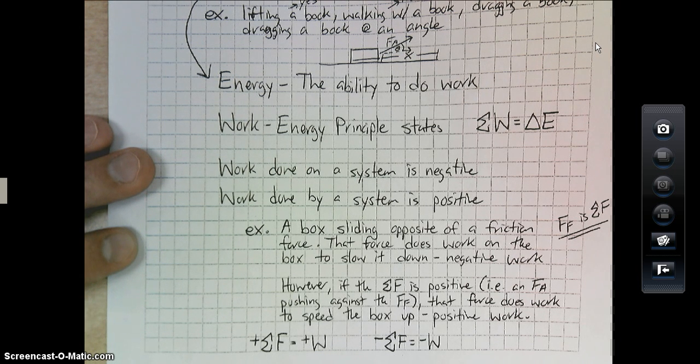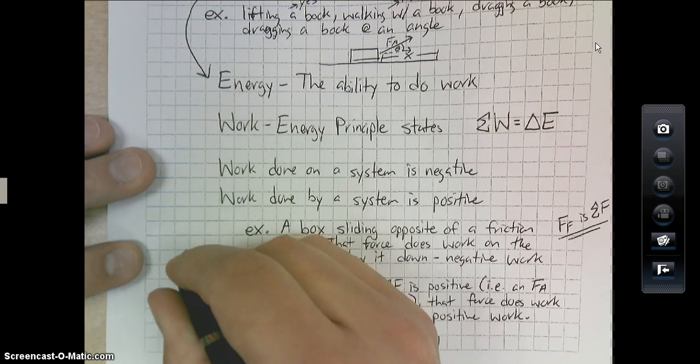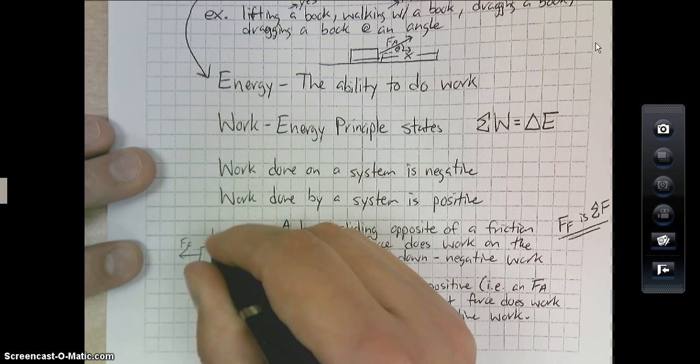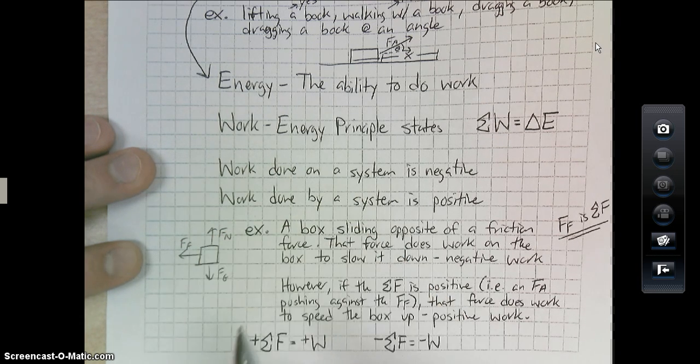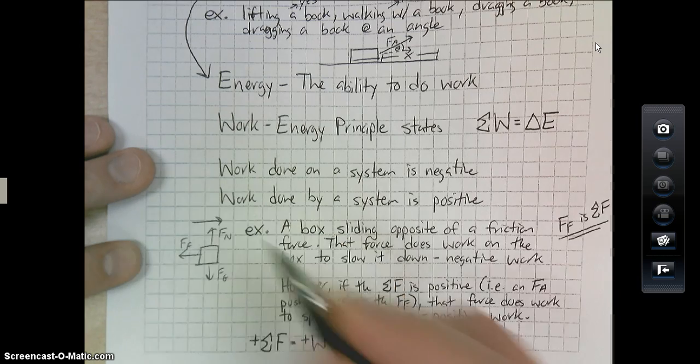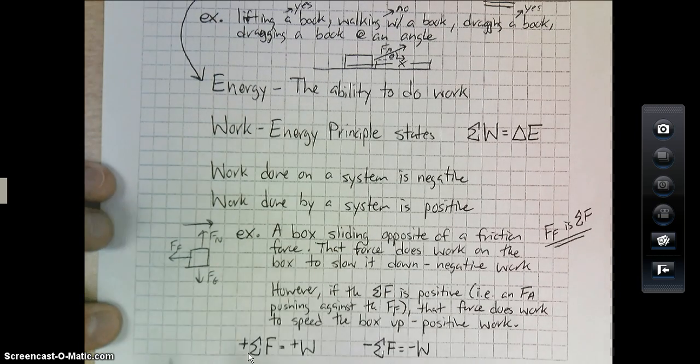However, let's say we got friction this way, and a normal, and a gravitational. If this is your net force, then that net force is in a negative direction, and it's working to slow it down if it's trying to move this way. So that would be if our net force was negative.